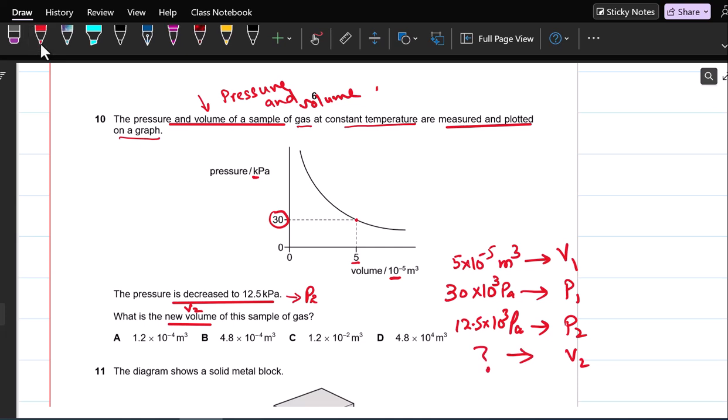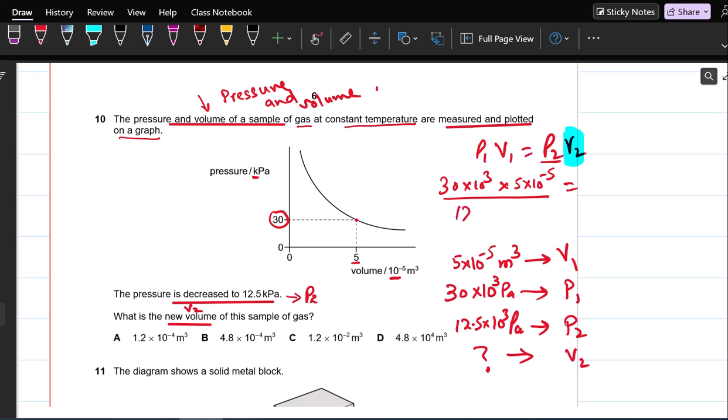So you can use ratio method or the formula you have to remember, P1 V1 is equal to P2 V2. So in this question we have to find the new volume, that is V2. If you substitute the values, pressure P1 is 30 times 10 power 3 and volume 1 is 5 times 10 power minus 5, is equal to P2 divided here.